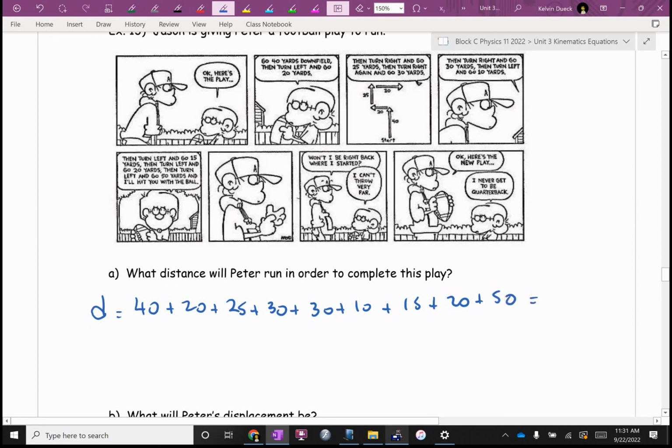I think I got them all, which is what? I can do this in my head. 40 and 20 is 60, 25, 85, 115, 145, 155, 170, 170 plus 70. Is it 240? Double check.